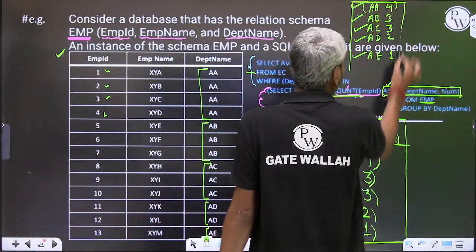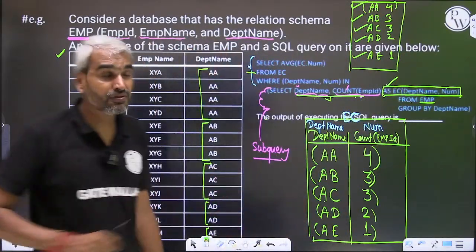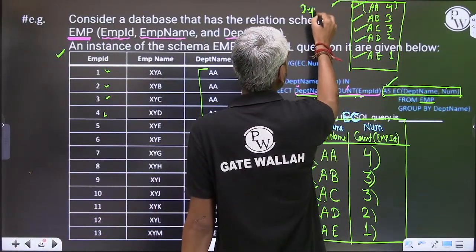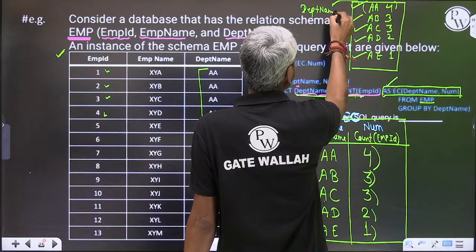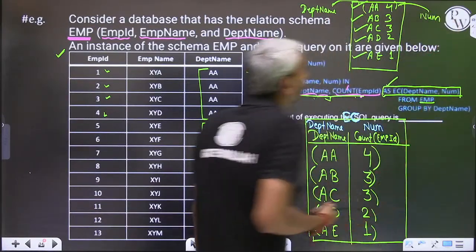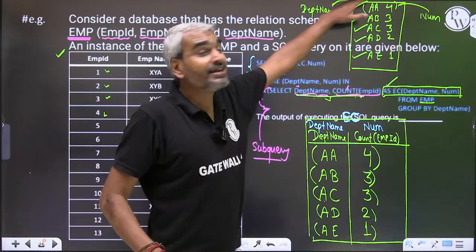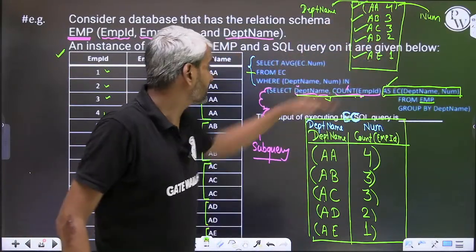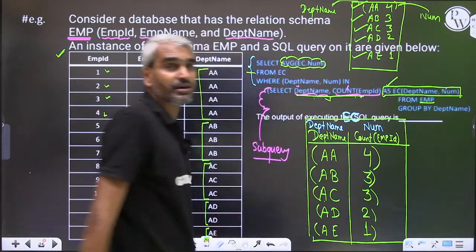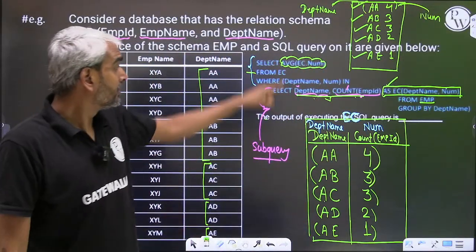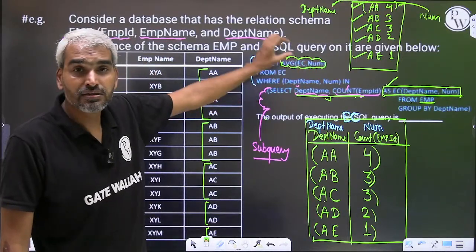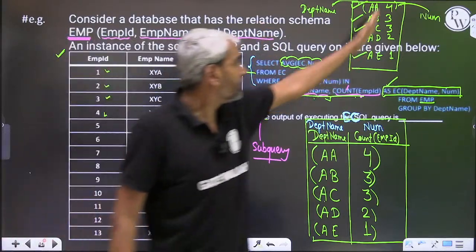The output of the main query will select all these tuples, in which the first attribute will be department name and the second attribute will be number. Now finally, on all these selected tuples, this aggregate function will be performed. That is, it will average the number value of the output.